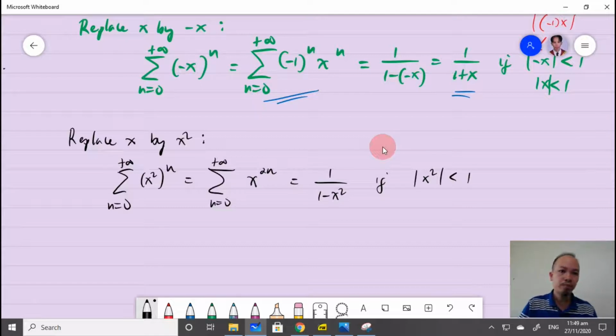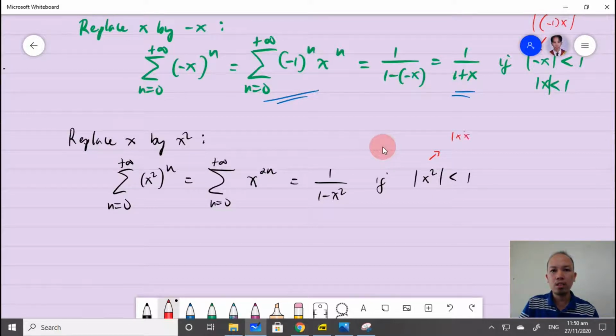Of course, if you replace x by x squared, this will become this form, and we know that this form here, can we simplify this one? We can write it as this one.